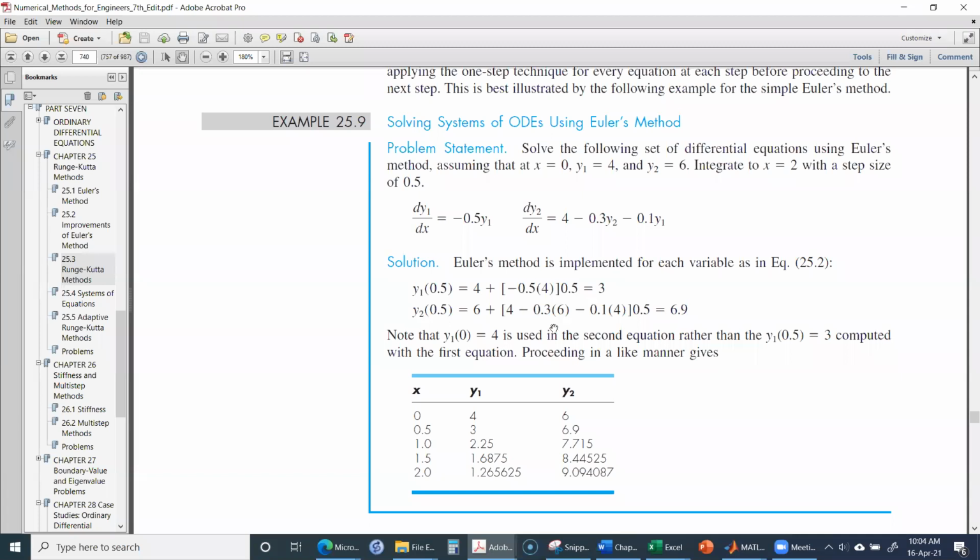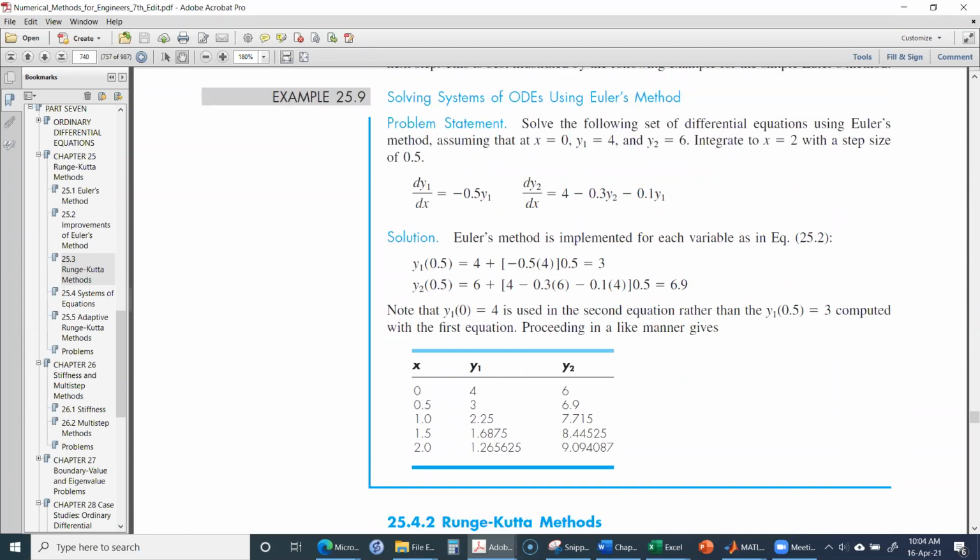So it is the gradual application of Euler's method. Similarly, using these updated values of 3 and 6.9 for the next iteration, we can find the next values of y1 and y2 in a similar manner.